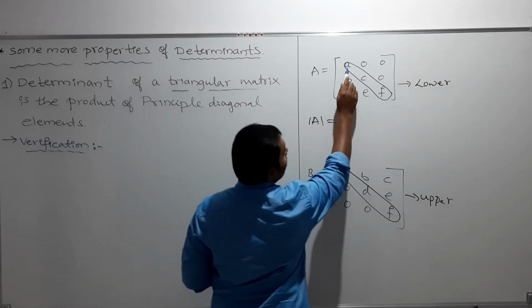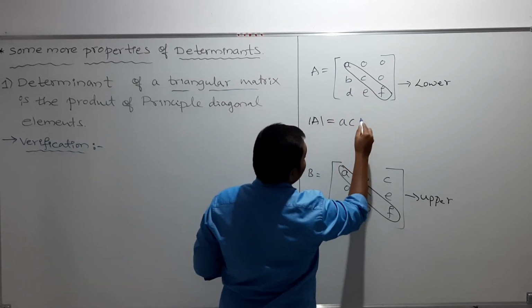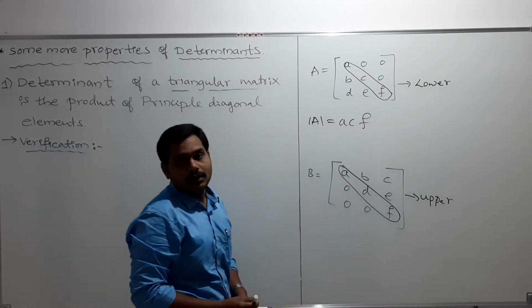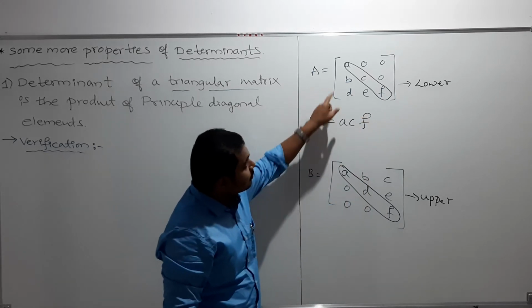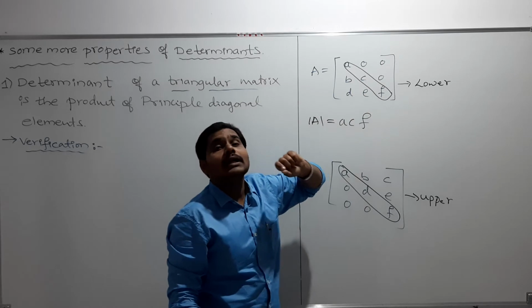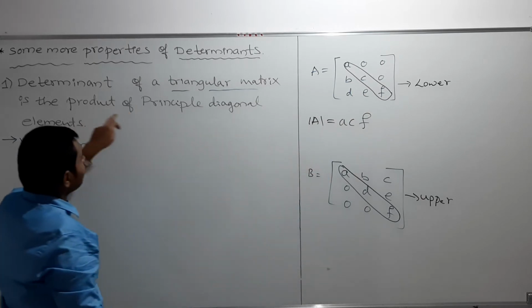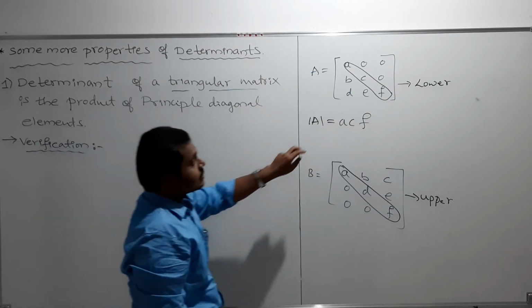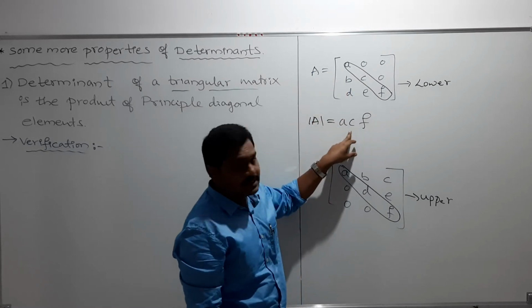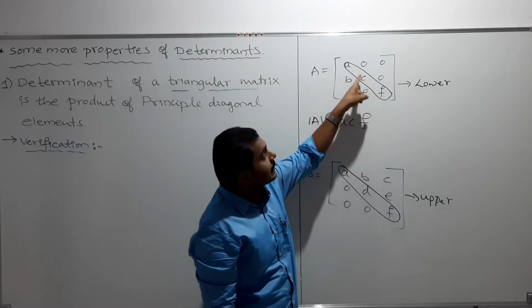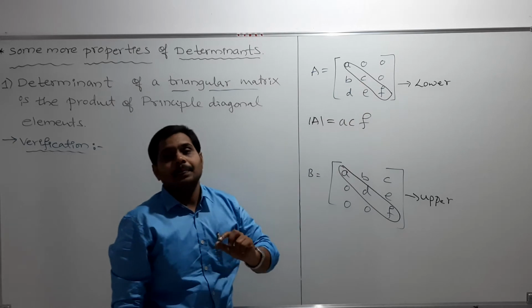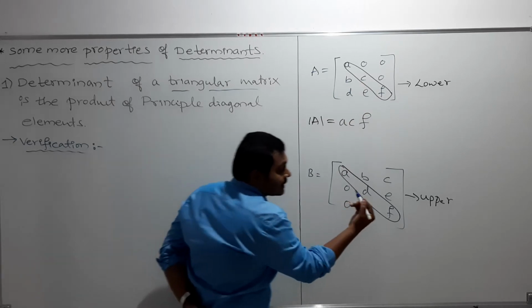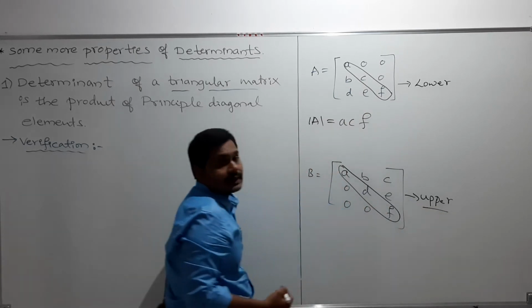If I want to find the determinant of matrix A, the matrix I wrote here, which is a lower triangular matrix as well as a triangular matrix, then the determinant of this matrix is the product of the principal diagonal elements. Therefore it is A into C into F. Clear?